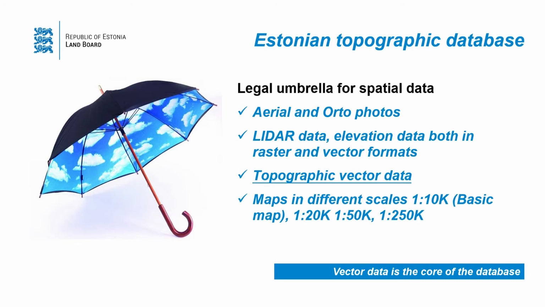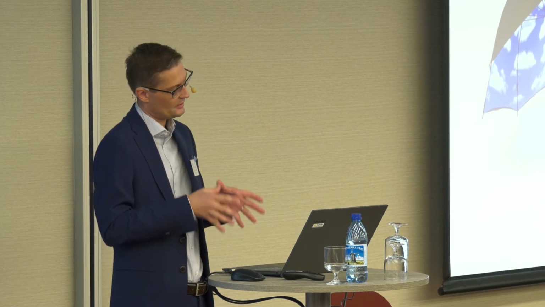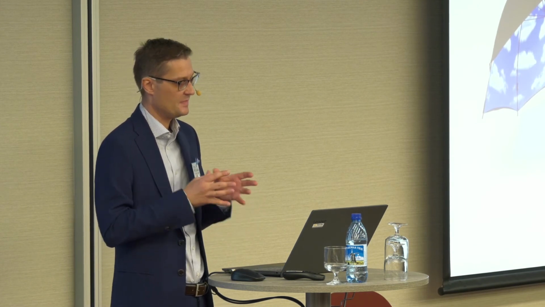We want them to use it very much. Our biggest competition is Google Maps and so on. But I think we win a lot because our precision and detail are much better, I think.